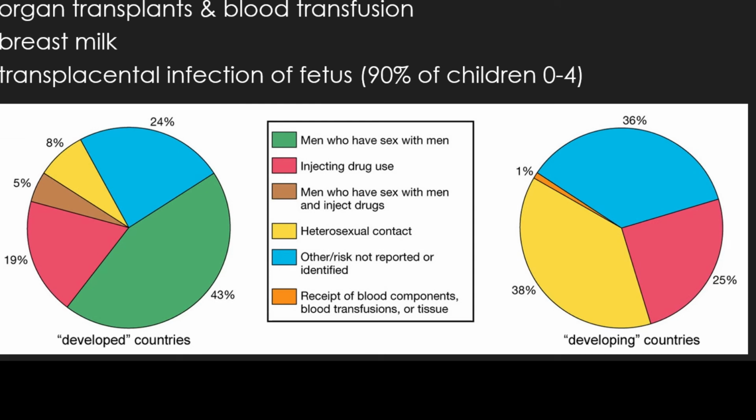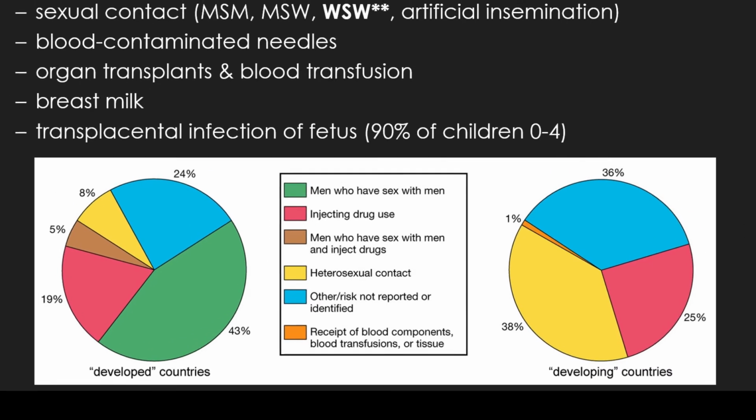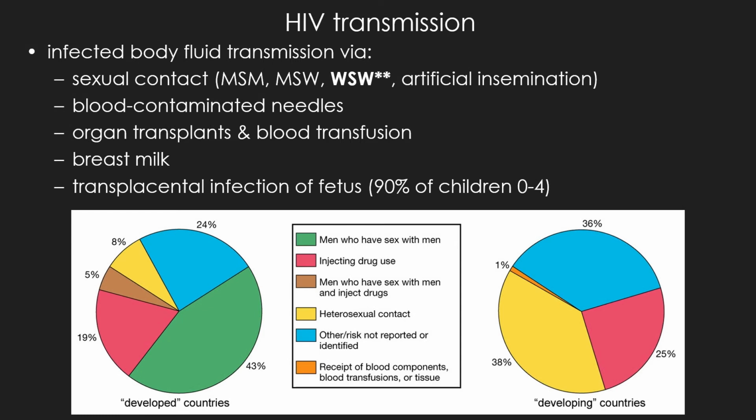And in developing countries, it's women who engage in receptive vaginal sex being at risk most greatly for HIV contraction.